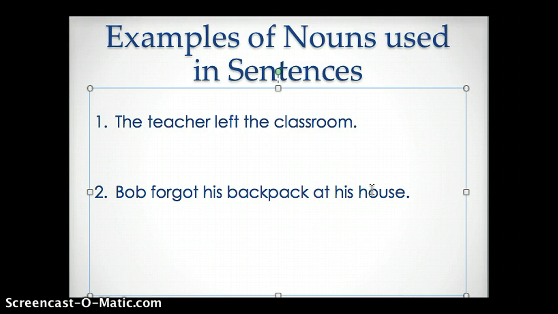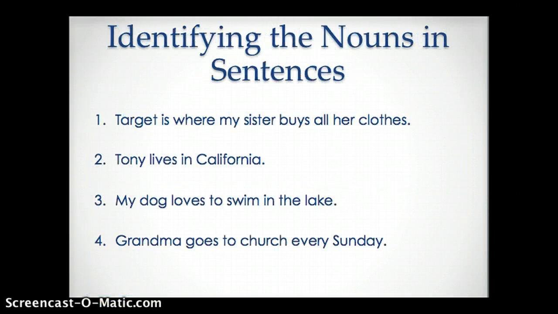The leftover words in that sentence are forgot, at, and his. Those are not nouns, because those words are not a person, place, or thing, and they are not something you can see, hold, or touch.